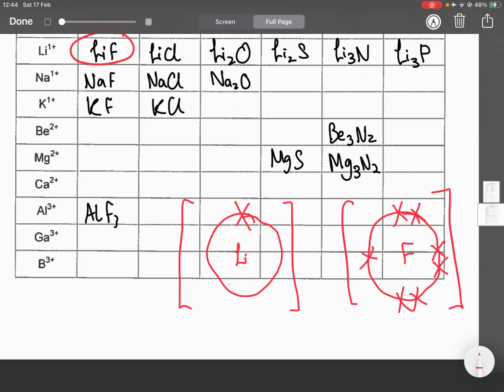Fluorine's in group 7, right? And lithium's in group 1. Yep. This one goes over here. So this forms a 1 plus and this forms a 1 minus. Happy with that? Yep.